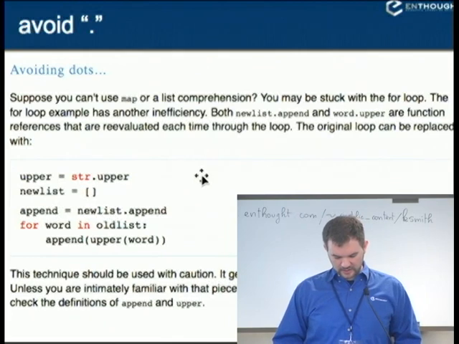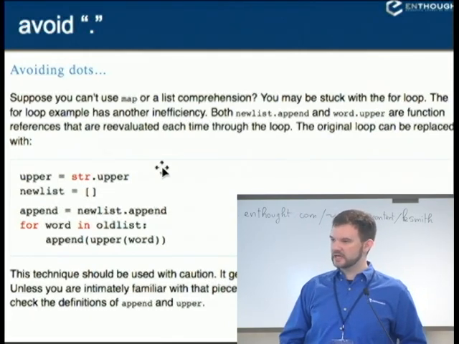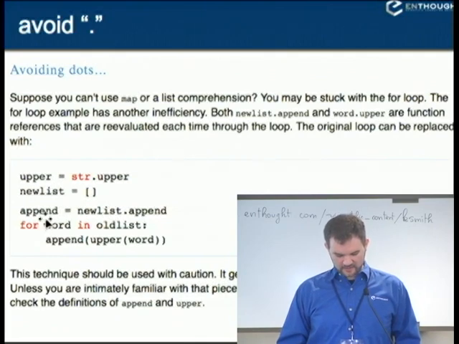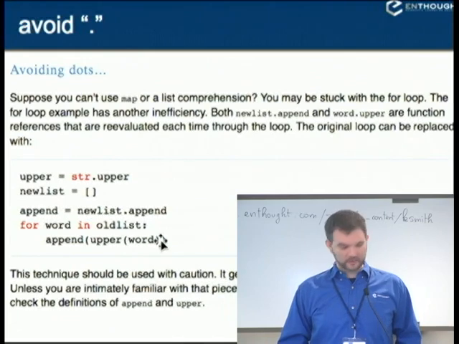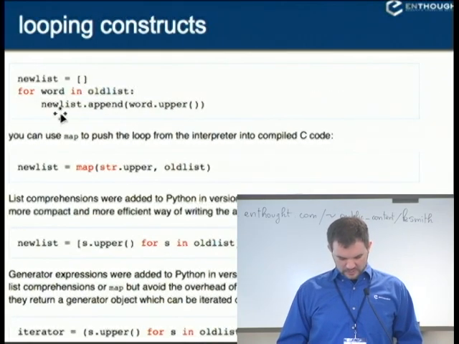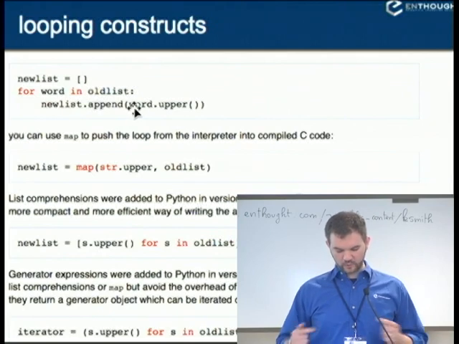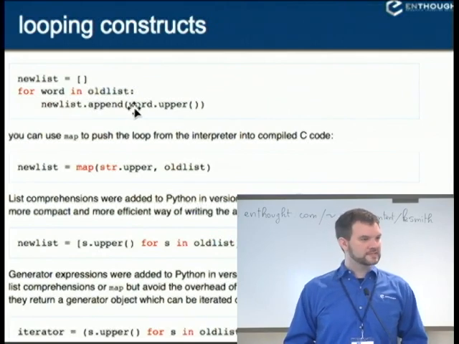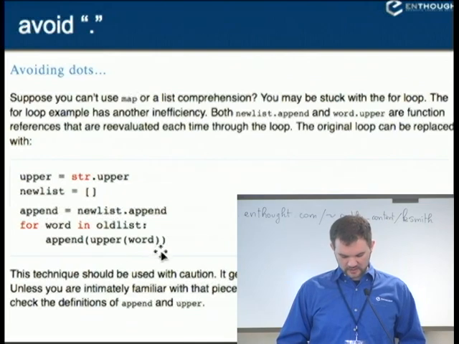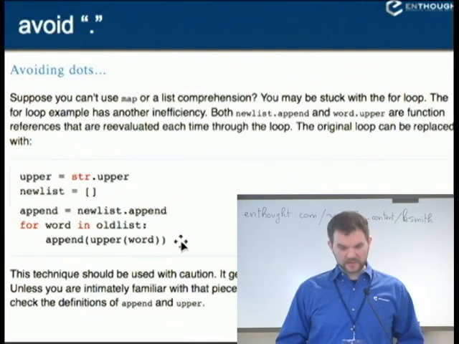Again, we're doing new_list.append, the append method for the new list object, and that's the append variable here. Now in our for loop, we're saying append(upper(word)). This is identical to new_list.append with word.upper inside of the parentheses. So this is identical behavior.